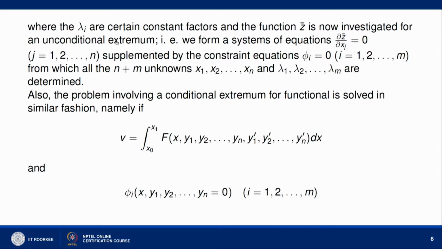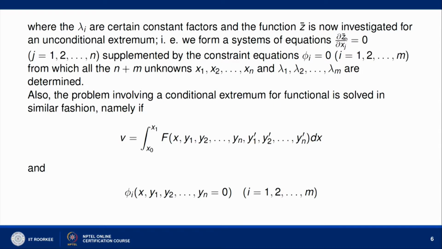To investigate z bar for an unconditional extremum, we simply take the partial derivative with respect to the xj's and equate it to 0. So the partial derivative of z bar with respect to xj is equal to 0, where j is 1 to n, supplemented by the constraint equations phi i equal to 0, i from 1 to m.